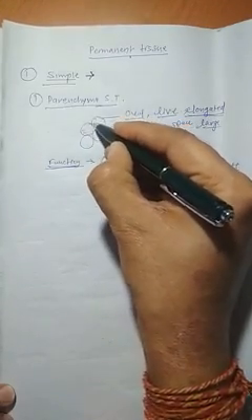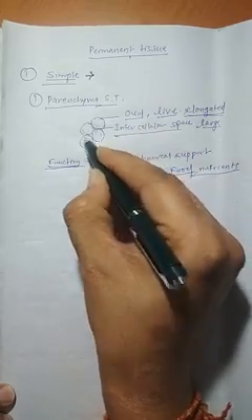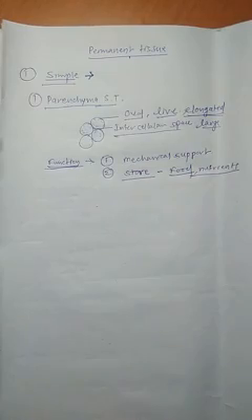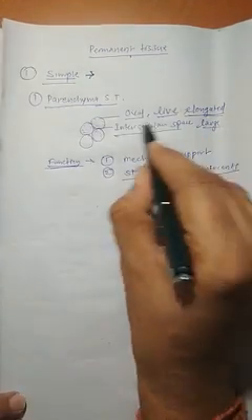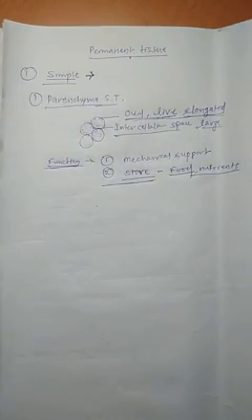These are thin walled. You can note down: thin walled, oval, live, elongated, and main function mechanical support and storing food.